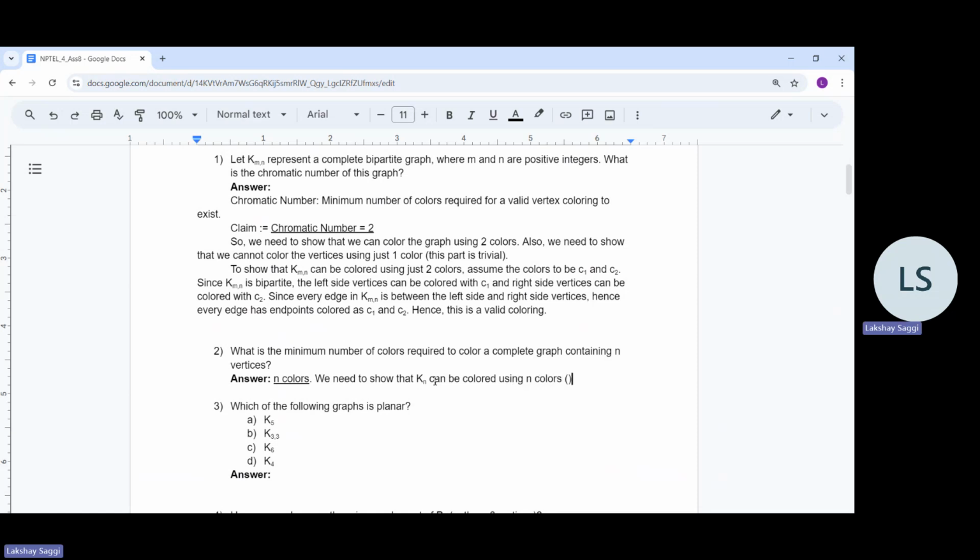Note that this part is trivial. Why can K_n always be colored using n colors? Any graph on n vertices can always be colored using n colors, because if we have n colors and n vertices, we can just assign a different color to every vertex, right? Since an edge is between two vertices, we can always be assured that the endpoints will have distinct colors.